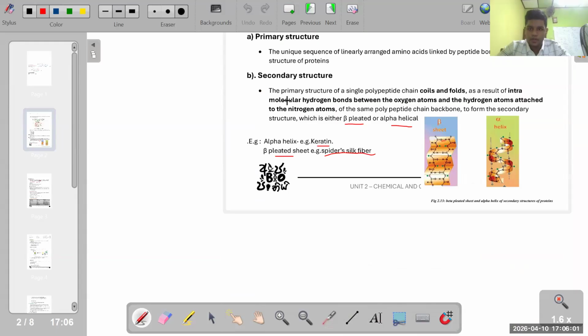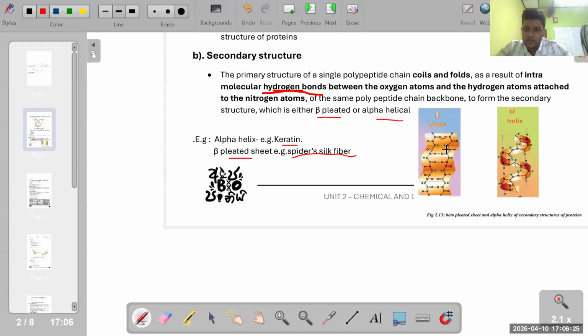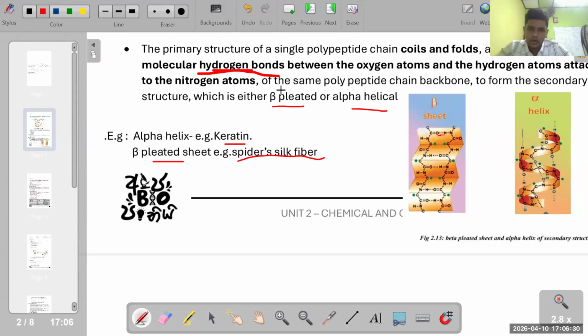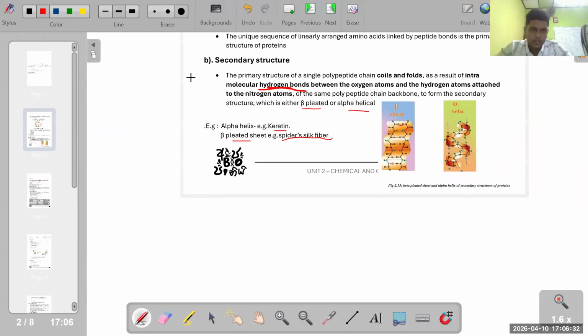See here, what type of bond? Result of intramolecular. Intramolecular hydrogen bonds. Is that clear? So this one here, intramolecular hydrogen bonds, right? These dotted bonds are called intramolecular hydrogen bonds. So here only one type of bond, intramolecular hydrogen bonds.